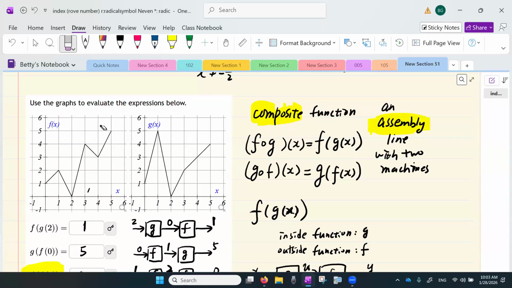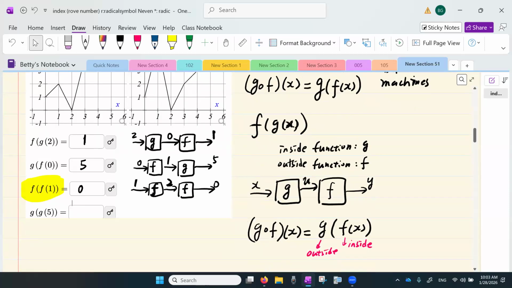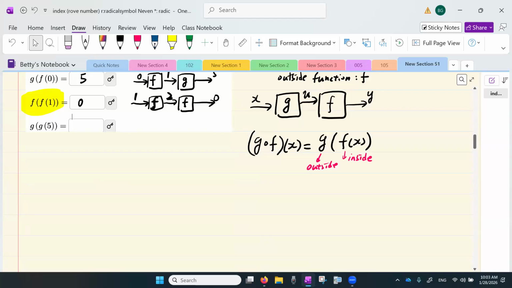Is there a limit to how many functions you can have together? Oh, that's a good question. For us, all the composite functions only have 2 functions, inside, outside. But technically, you can do many. Let's say f1 of f2 of f3 of f4. You can use as many as you want.